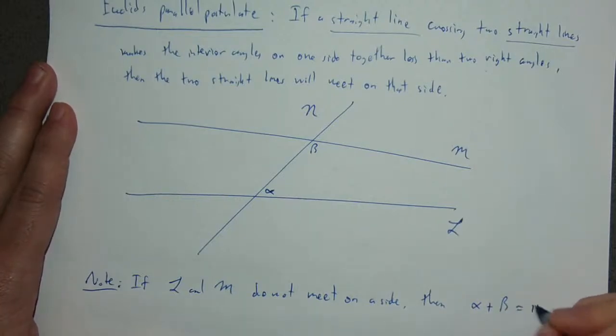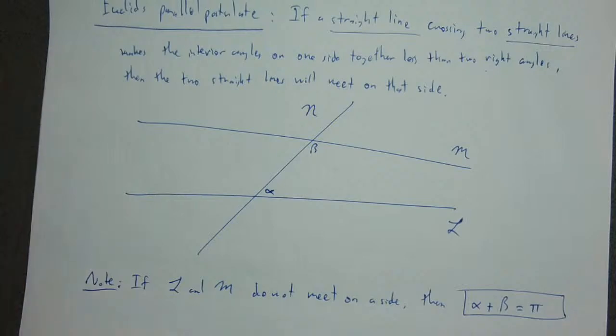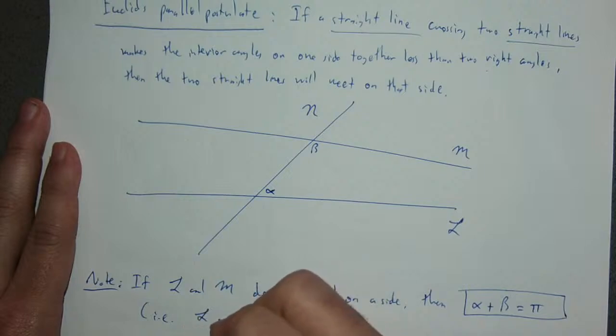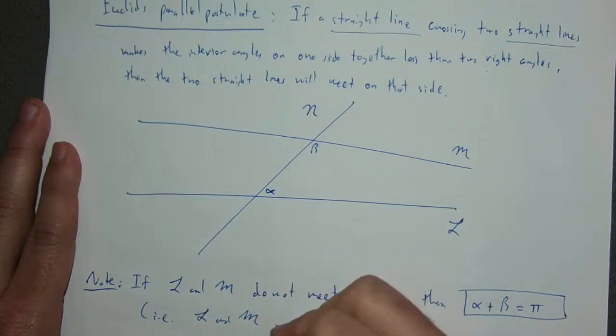Alpha plus beta has to be pi. And i.e. they're parallel, right? L and M are parallel.